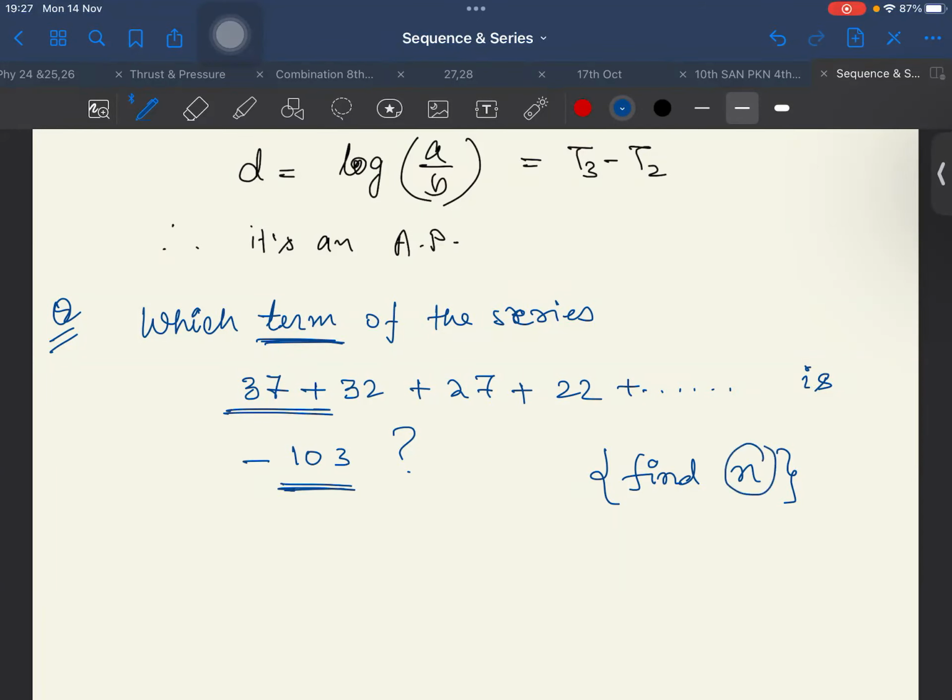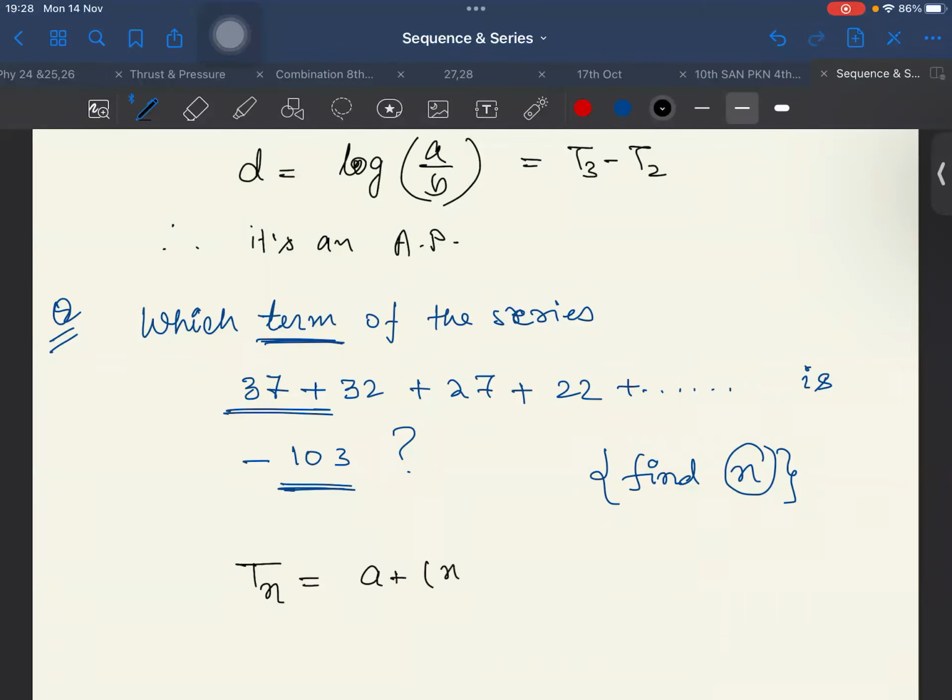How can you find this? Also 29. So okay, we know Tn is equal to A plus n minus 1 d, right?